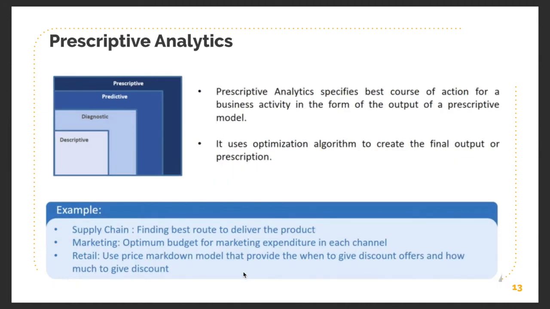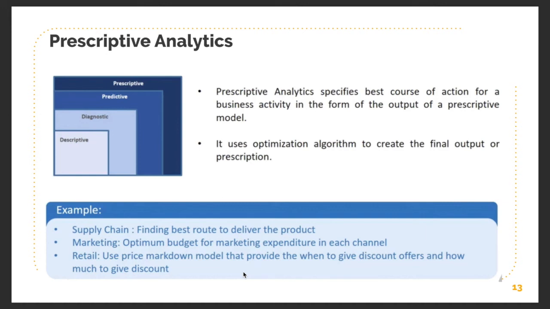And the last and the highest form of analytics is prescriptive analytics. Prescriptive is like a doctor already prescribing a medicine for the symptoms that we have identified.